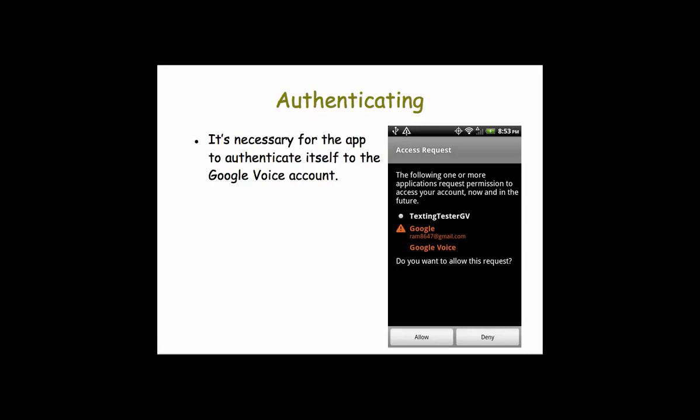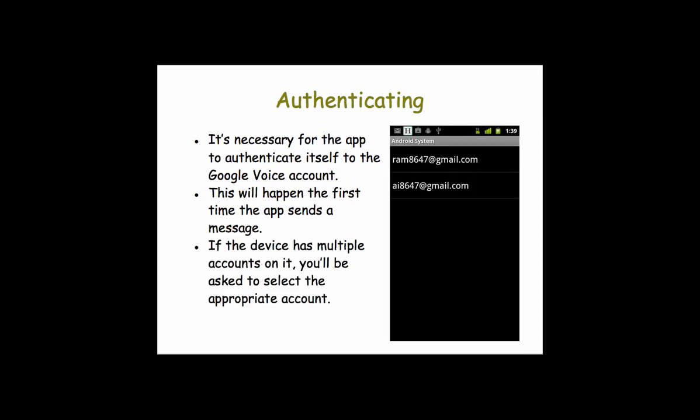The app will present a dialog such as the following one here, and you'll be asked to allow the request to use the Google Voice account in question. You should click Allow. This will happen the first time the app sends a message. It won't happen if the app is just receiving messages. If the device has multiple accounts on it, you'll be asked to select the appropriate account. So you would select the account under which you've created your Google Voice account.